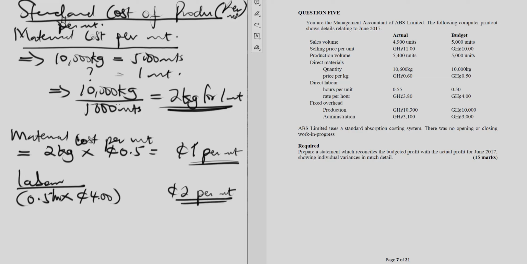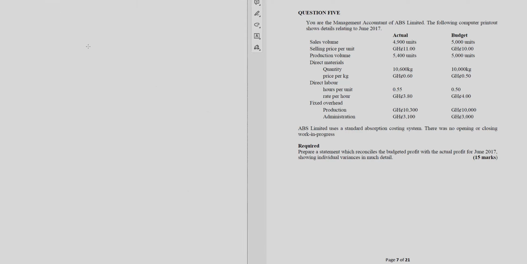Now what I'm left with is overheads, okay? It's overheads, and we are dealing with production, so it has nothing to do with administration. So when we get to production overheads, remember that what we do, let's say OAR, right? We need to absorb because you are working per unit.